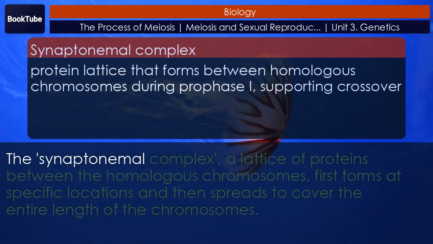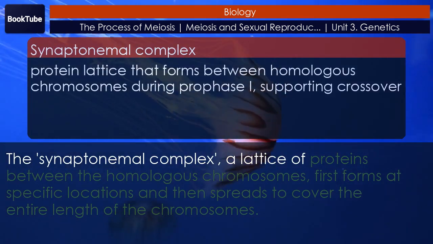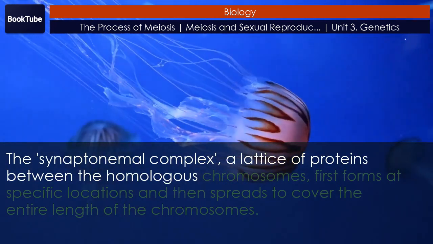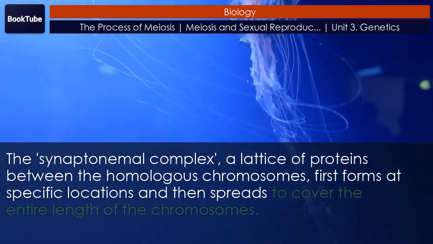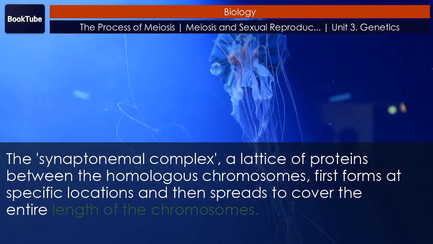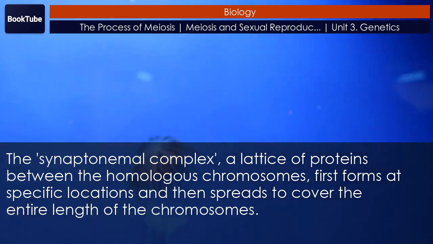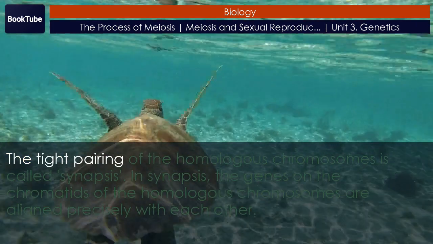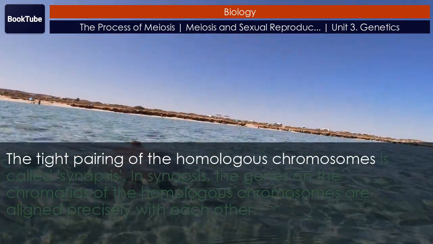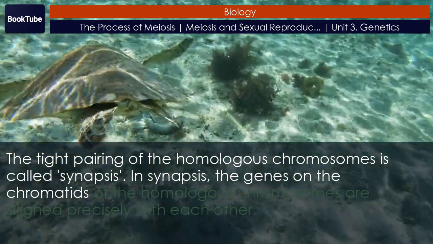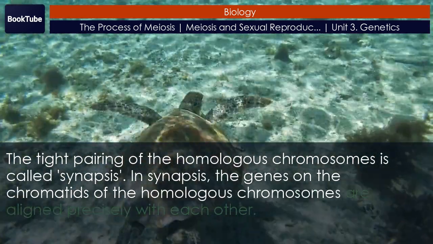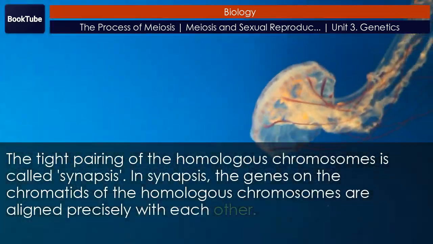The synaptonemal complex, a lattice of proteins between the homologous chromosomes, first forms at specific locations and then spreads to cover the entire length of the chromosomes. The tight pairing of the homologous chromosomes is called synapsis. In synapsis, the genes on the chromatids of the homologous chromosomes are aligned precisely with each other.